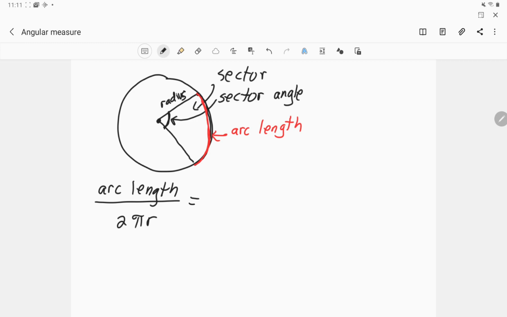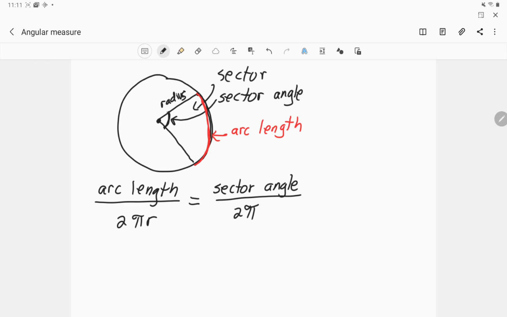Now that's going to be equal to your sector angle divided by 2 pi. Again, the reason why 2 pi, remember pi is 180 degrees. So 2 times 180 would be 360 degrees. 360 degrees is all the way around the circle.